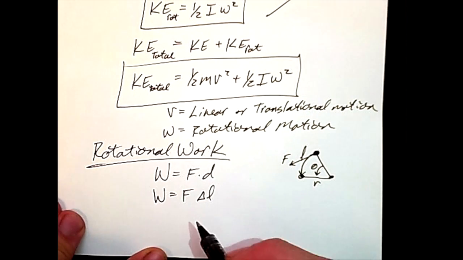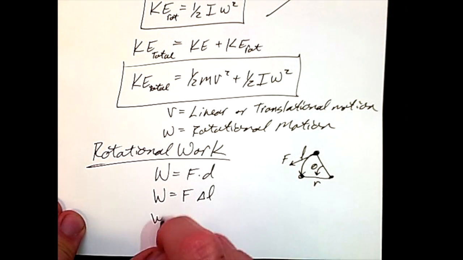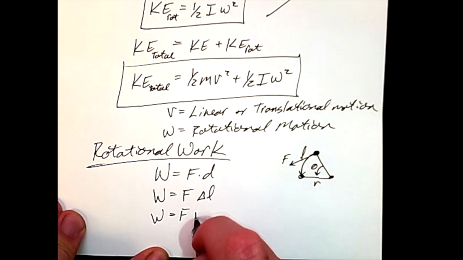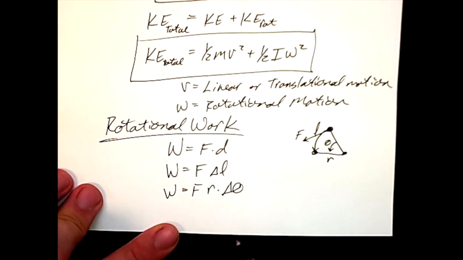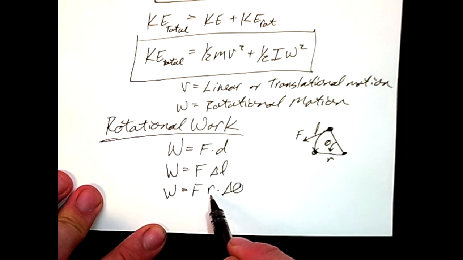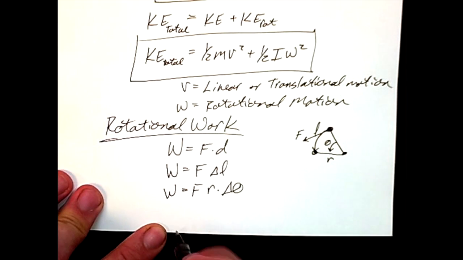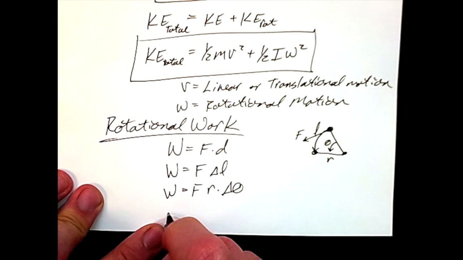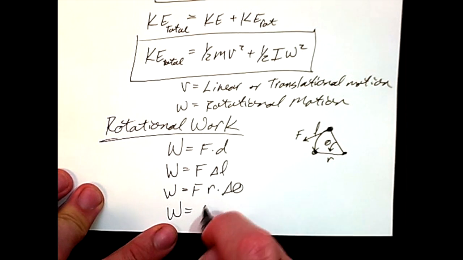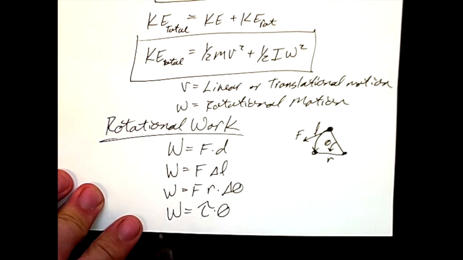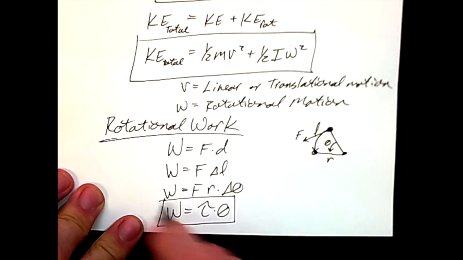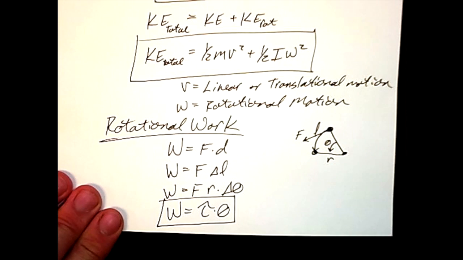And the change in L is the same as saying the radius times the change in theta. And what we see is that force times radius is our old friend torque. So rotational work, as expected, is a torque applied through an angle as opposed to a force applied through a distance for a linear relationship.